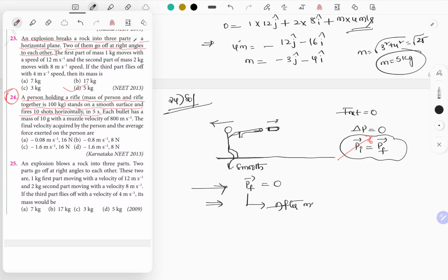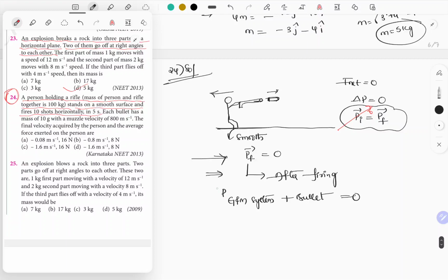Okay, so after firing, the bullets and this person and gun system also get separated here. So let me represent that. Okay, so mass, it is going to be gun and man system plus bullet, which is equal to 0.